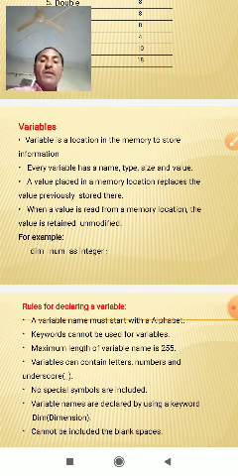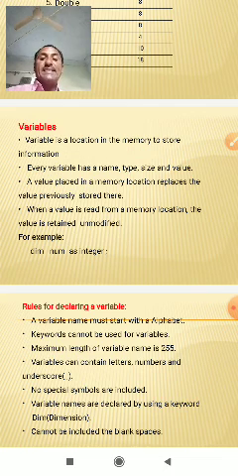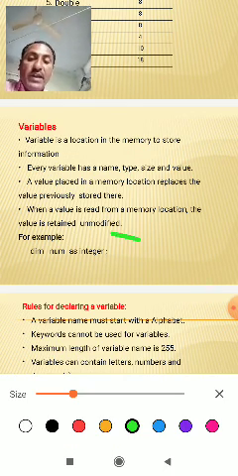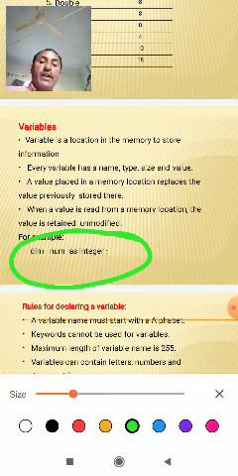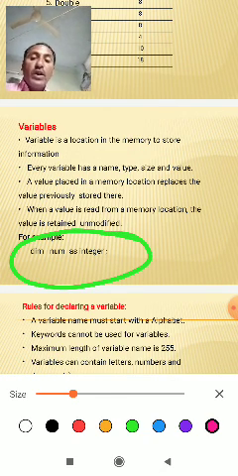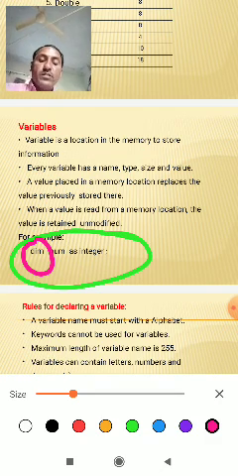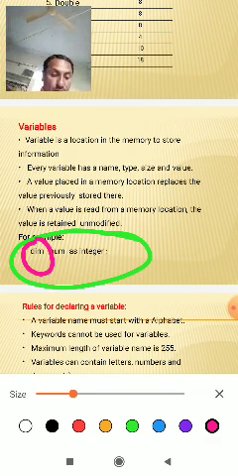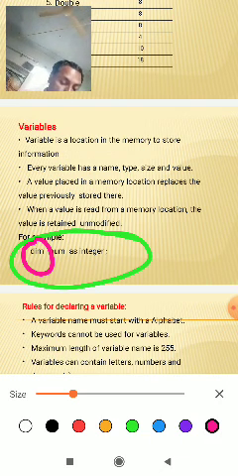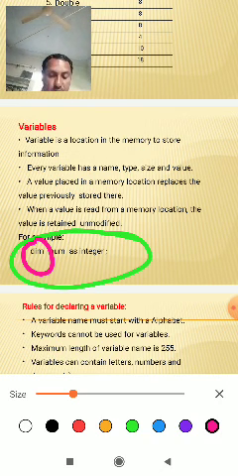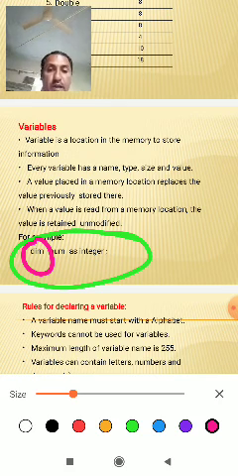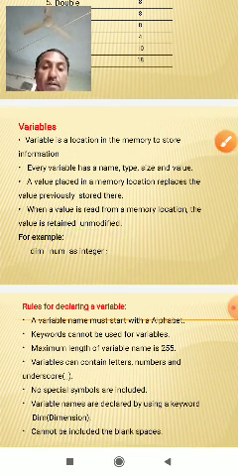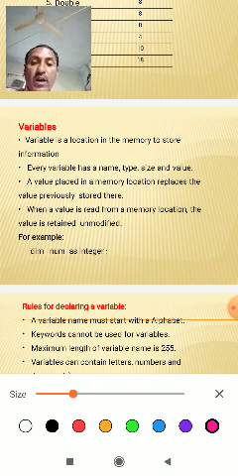For example, Dim num As Integer. Dim is the dimension keyword; it takes numbers and stores them.